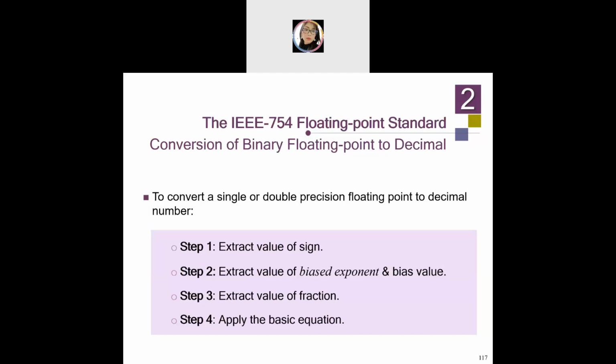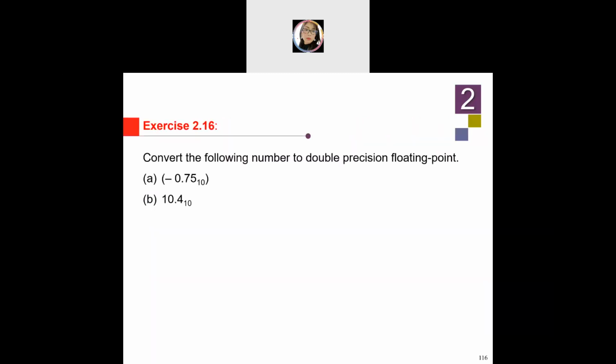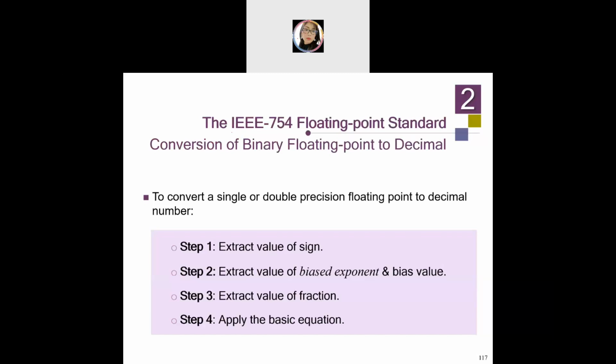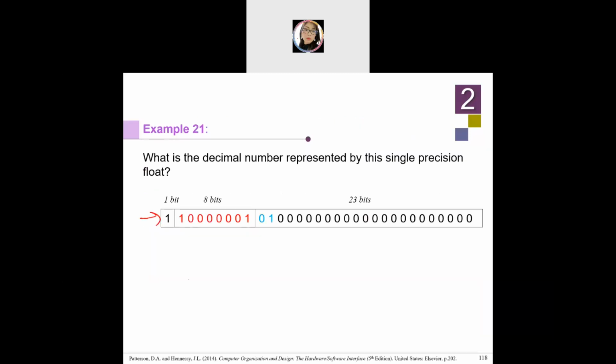Okay, this one converts binary floating point. After you already know how to convert your decimal number to binary, now when you are given your binary floating point, your number just now is like this, a long number, and you need to convert it back.